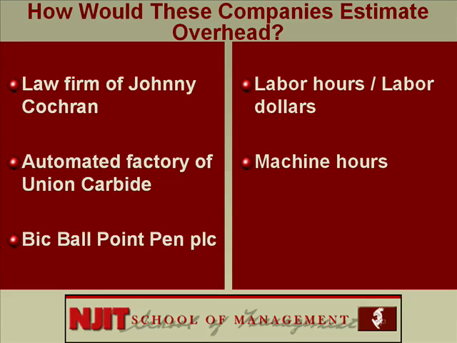If you said machine hours, dead on. This is because most of the overhead relates to costs associated with machines. How about the next one? The ballpoint pen company. They make trillions of ballpoint pens, so maybe you could say number of units.